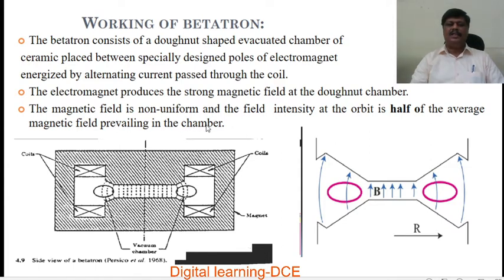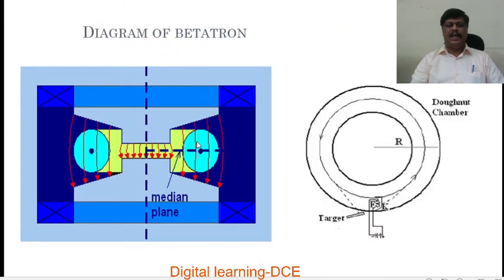So the average magnetic field is the magnetic field in the chamber, but the magnetic field at the orbit is half of the average magnetic field prevailing in the chamber. This is the condition. This diagram also shows the diagram of betatron.